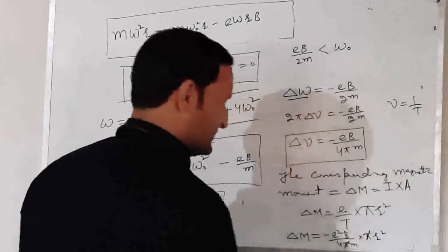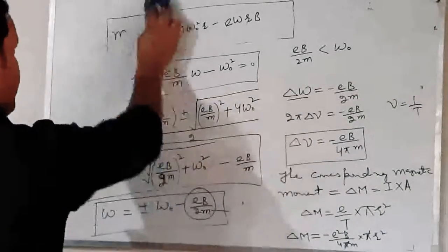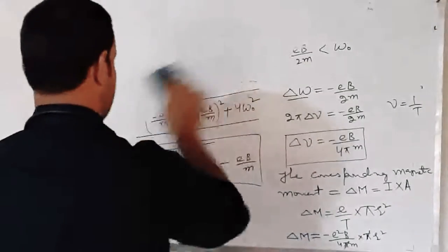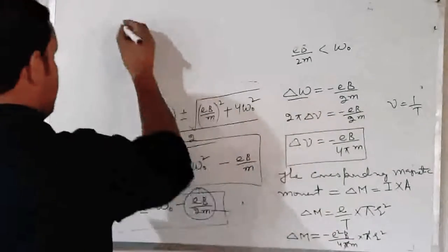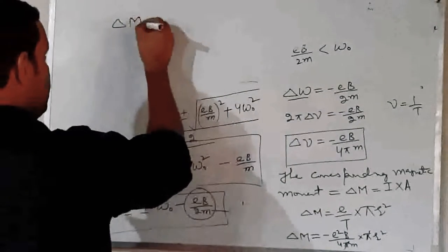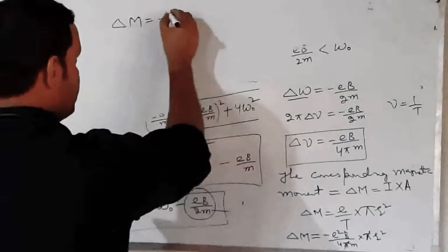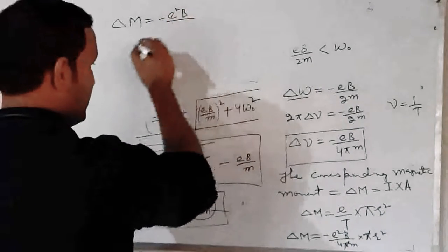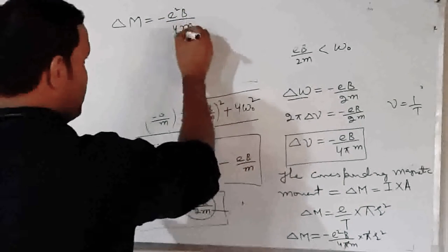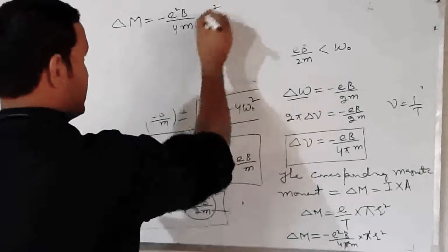Pi and pi cancel, so there remains delta m equal to minus e square B upon 4m r square.